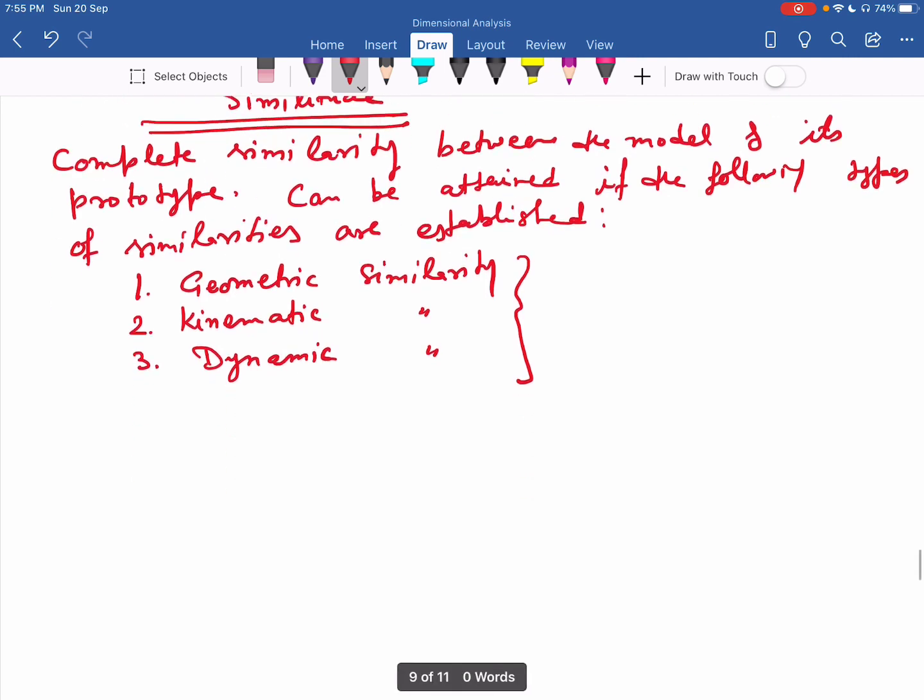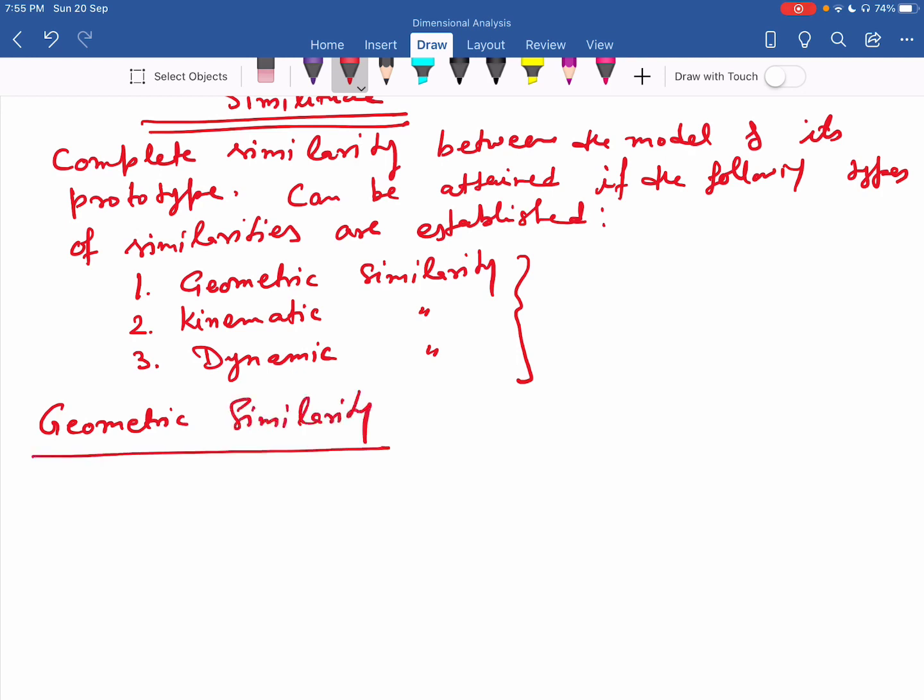Now, what is the meaning of geometric similarity? Geometric similarity means a model and its prototype are geometrically similar. What is the meaning of this term geometrically similar?